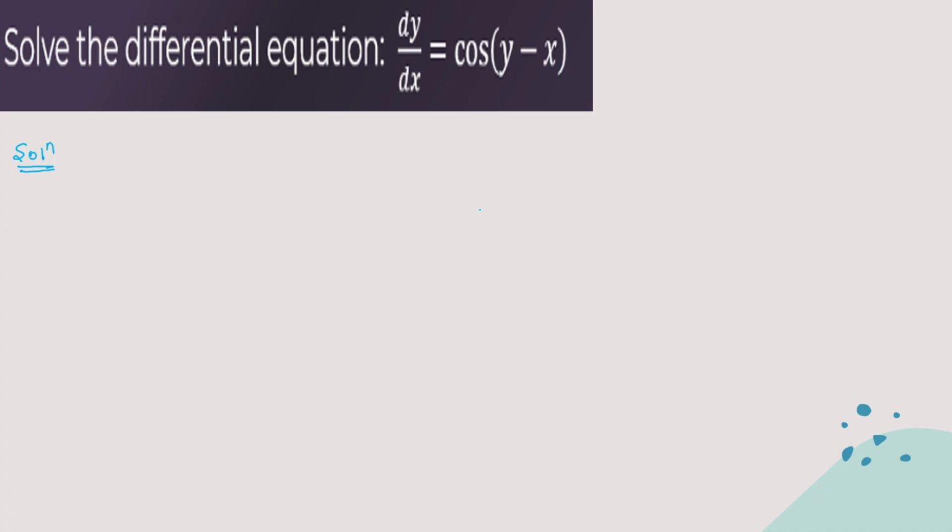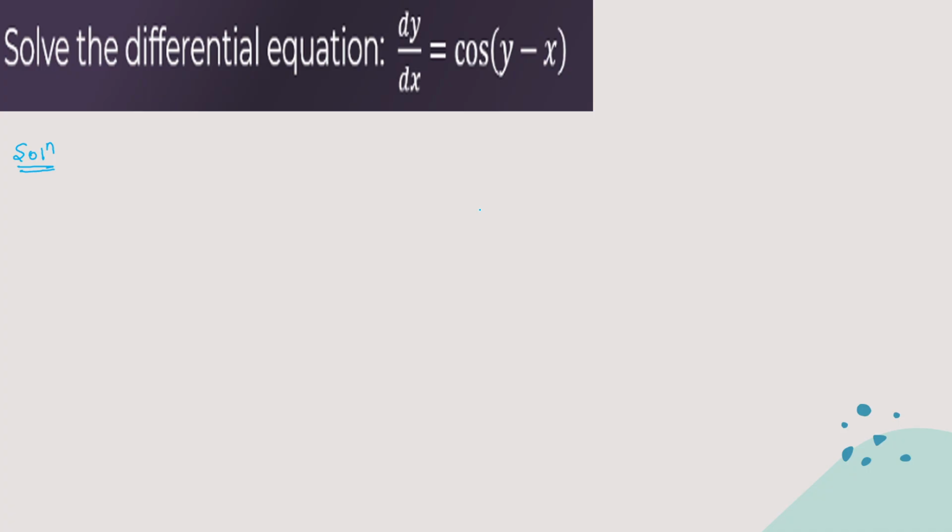Half angle formula. Separation of trigonometric formulas. How? Plus sign will be there.